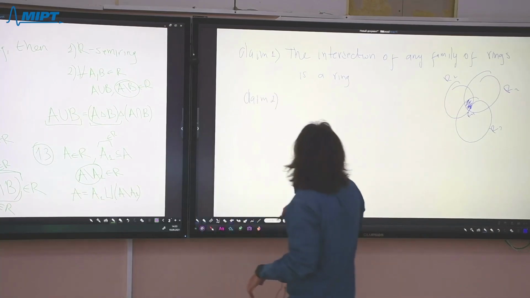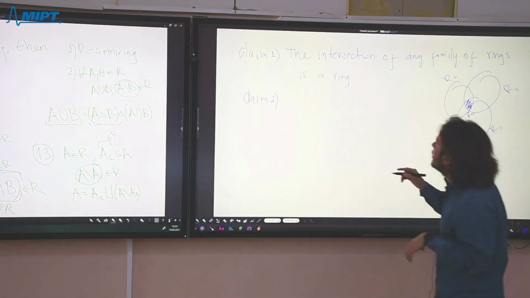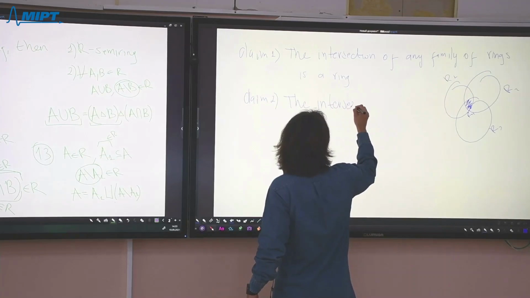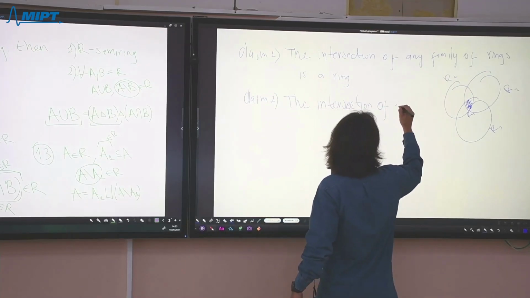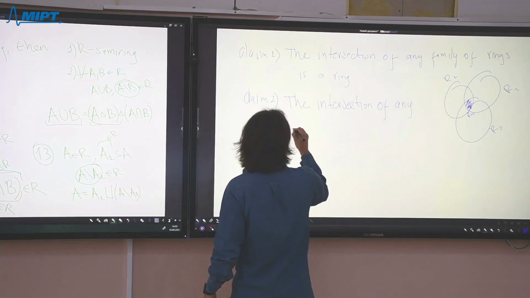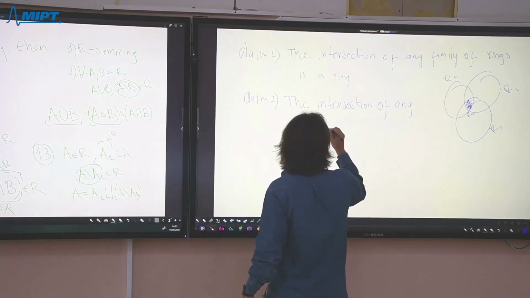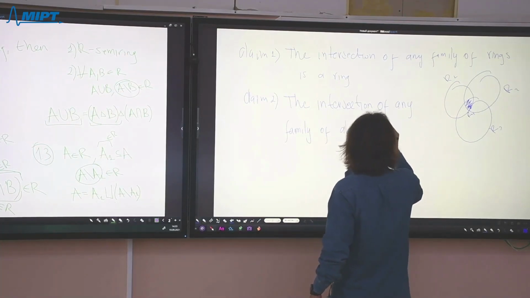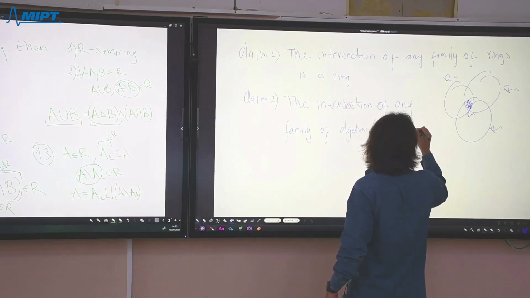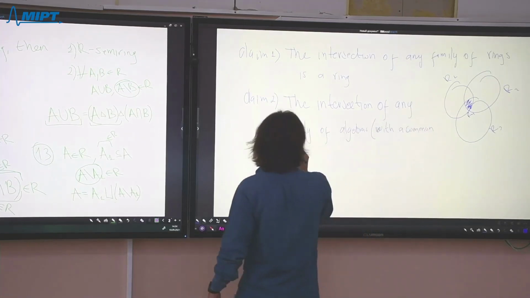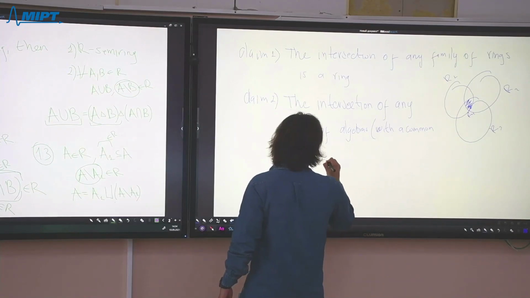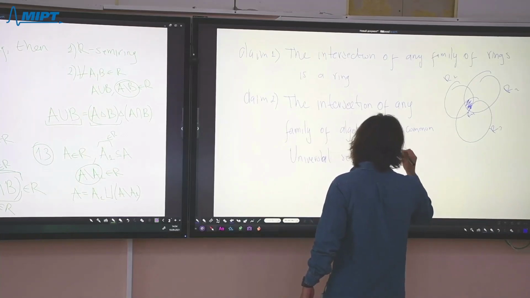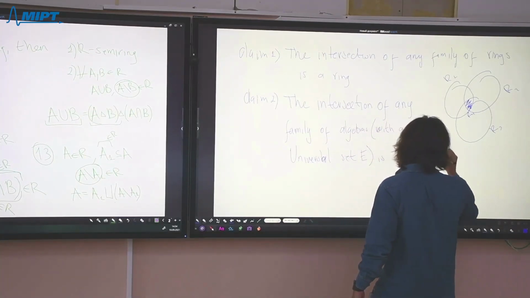Claim 2: the intersection of any family of algebras with a common universal set is also an algebra.